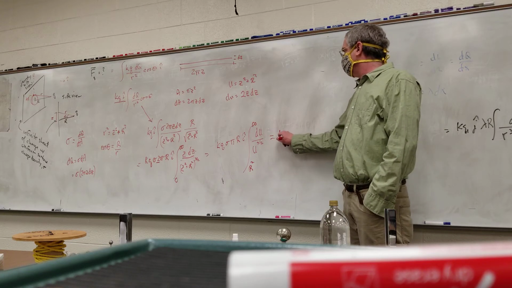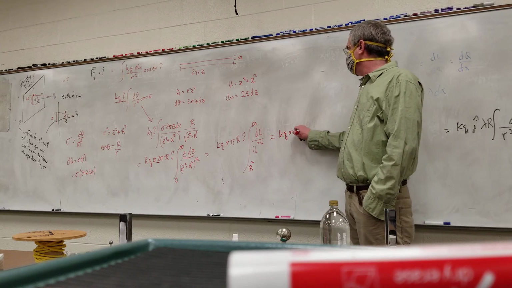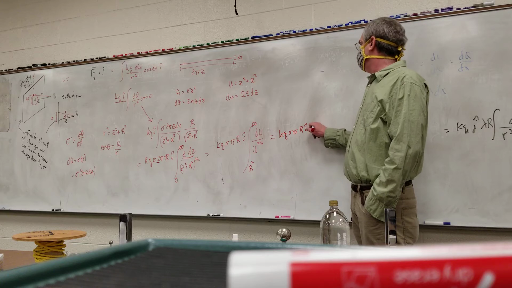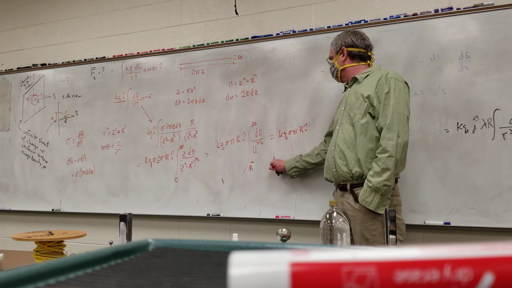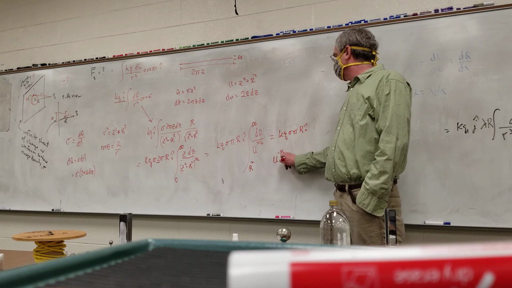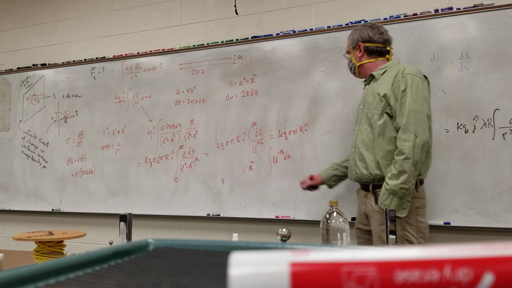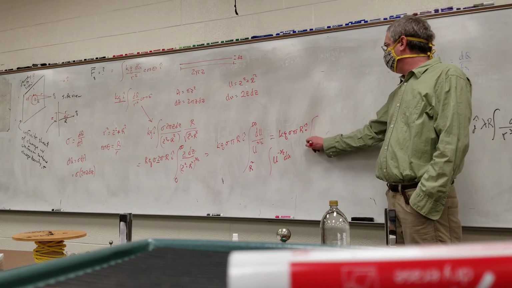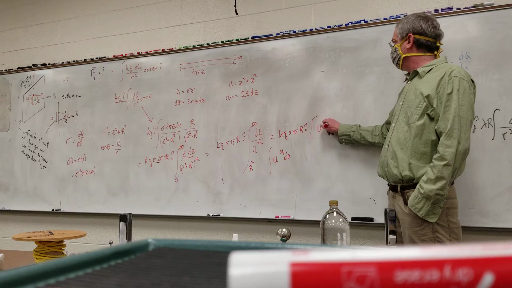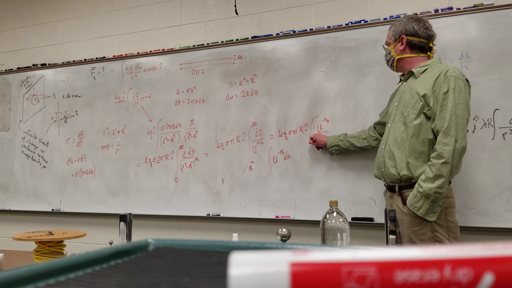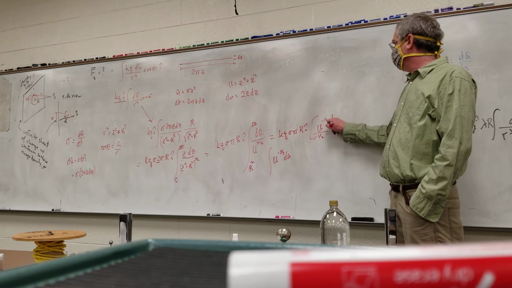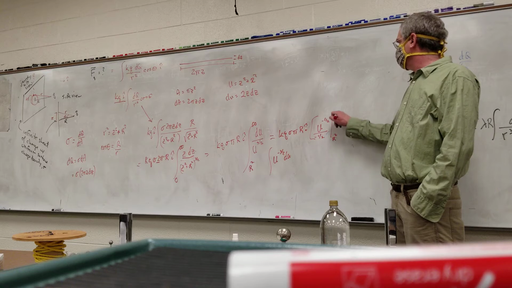Okay, k, q, sigma, pi, big R, I hat, let's see, that's the integral of u to the negative 3 halves du. So that becomes u to the negative 1/2 divided by negative 1/2 from R squared to infinity.